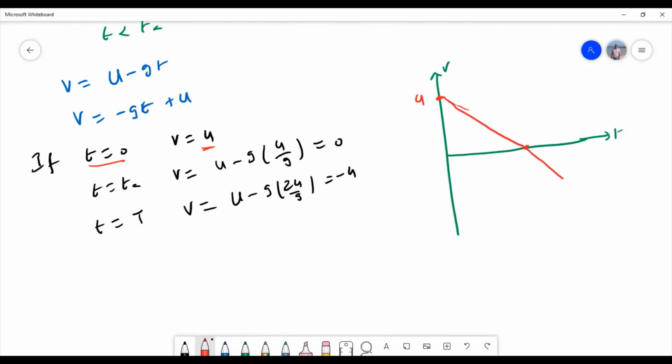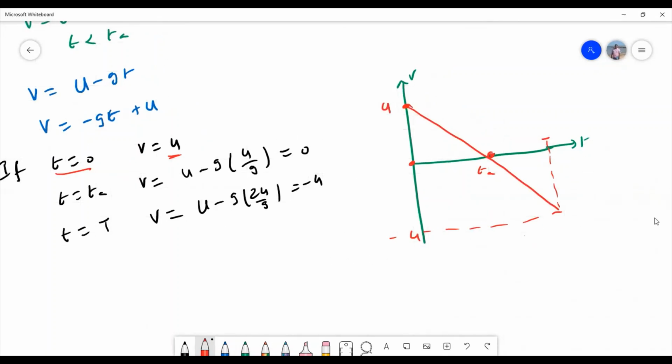Then the velocity keeps on changing, increasing in the negative direction like this. So this is time of ascent. This is time of flight. This is minus u. This is plus u. Here after time of ascent, at the highest point, it is 0. Then after time of flight, it is minus u. So this is the shape of the y is equal to minus mx plus c graph.